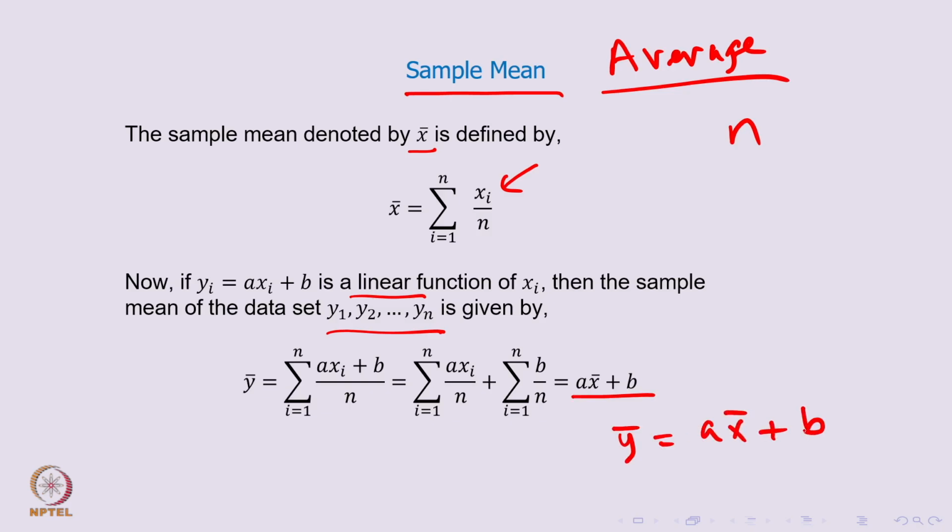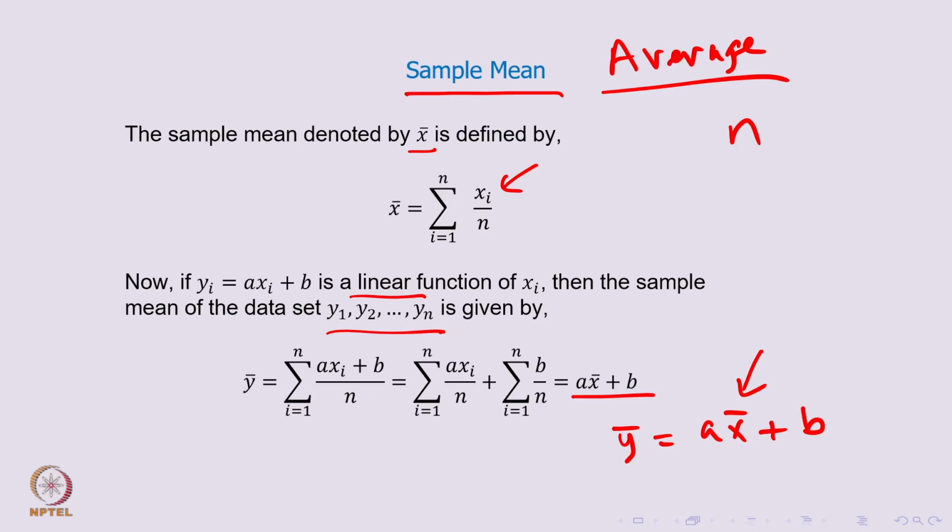The only thing you need in order to find the mean of the transformed variable yi is to input this x bar in the function: multiply x bar by a and add b. So your initial yi was a xi plus b, and now if you want to find y bar, the sample mean of this transformed variable yi, you find the sample mean of the xi values first, that would be x bar, multiply by a, and then add b.